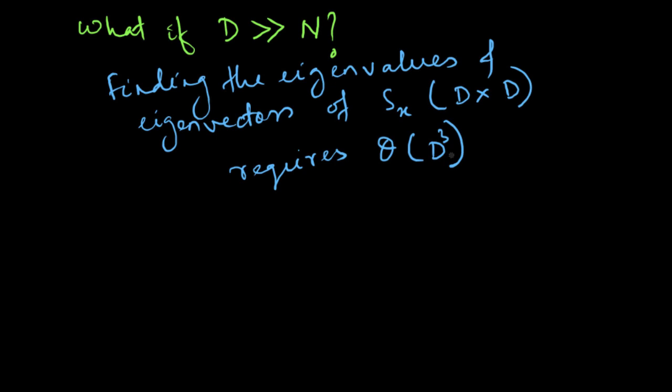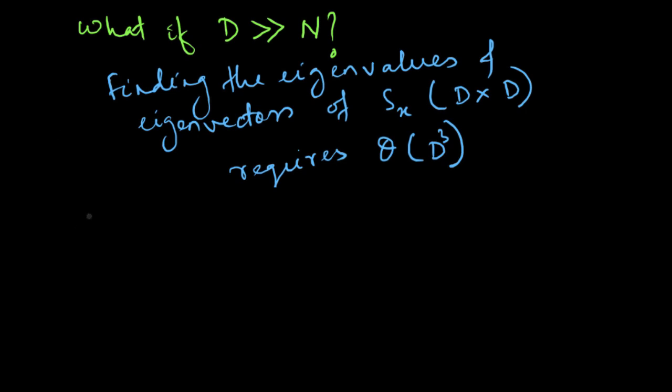So if your D is very, very large, then the number of computations required to find the eigenvalues and eigenvectors will be very, very large. So now there is a way to solve this problem, that instead of doing D cube computations, you can actually do N cube computations. So in order to see how that is done, let us define a new matrix.